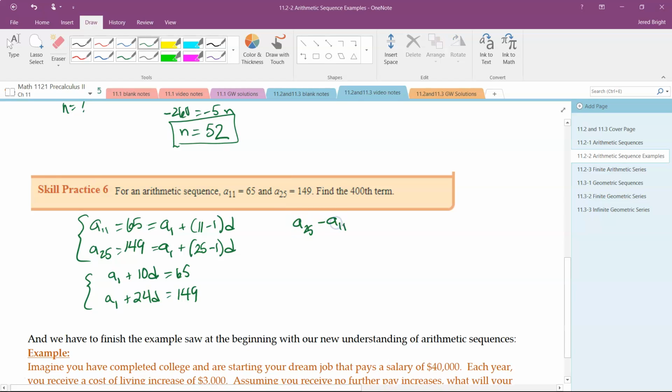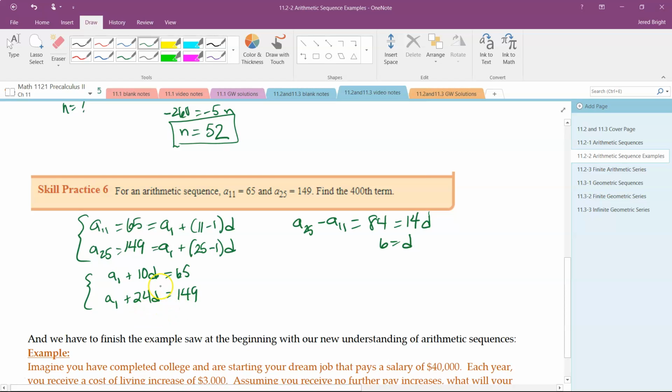So what you could say is, if you look at a25 minus a11, we can calculate that value. It'd be 149 minus 65, and you'd get 84. Now from a11 to a25, this would be the same as adding the common difference 14 times. So all you have to do is split 84 into 14 parts, and you end up with d equal to 6.